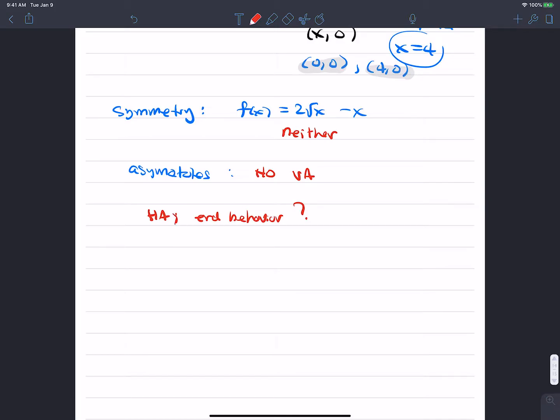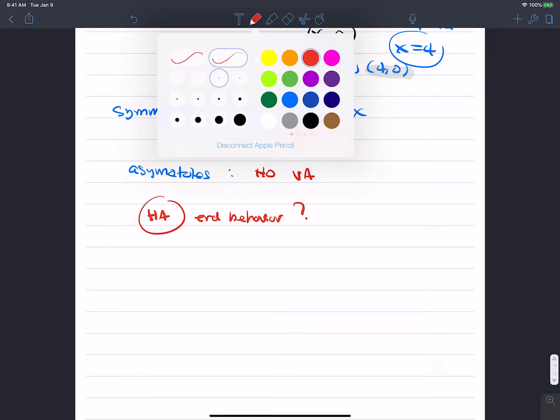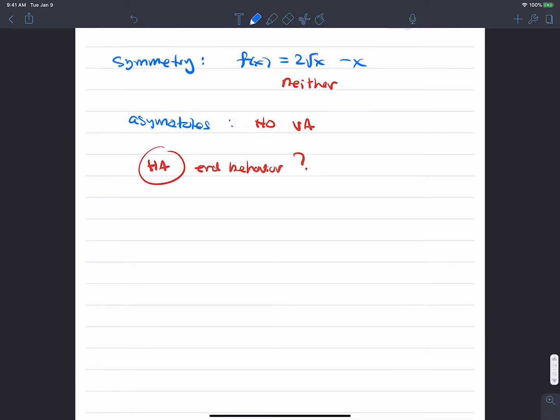Let's do it this way. And what's this end behavior here going to be here? Well, first we're going to start with the first one, right? We need the limit as x gets big for the curve 2 square root of x minus x.